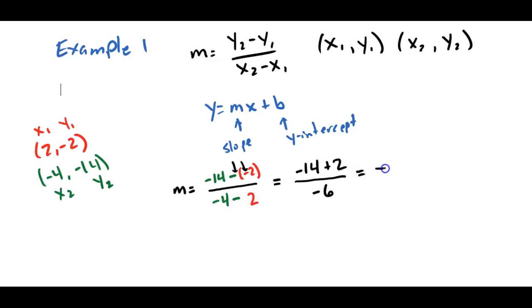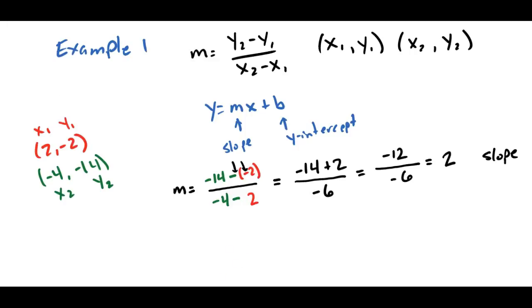Negative 14 plus 2 is negative 12 over negative 6. And then negative 12 divided by negative 6, a negative divided by a negative will make it positive. So we get the number 2. So this is our slope. Okay? So we figured out slope, which is key to solving this kind of problem.